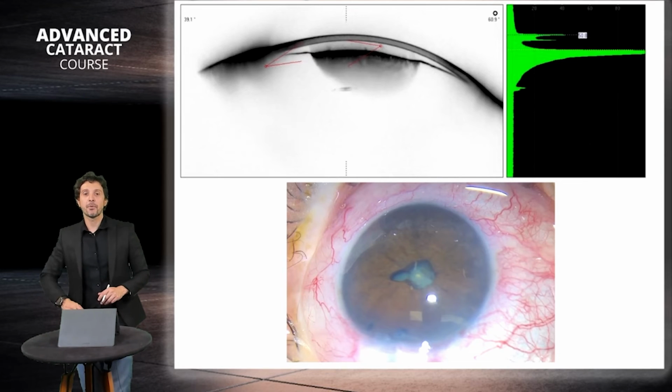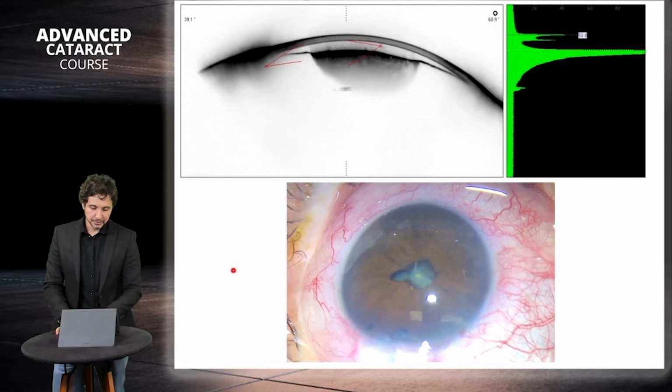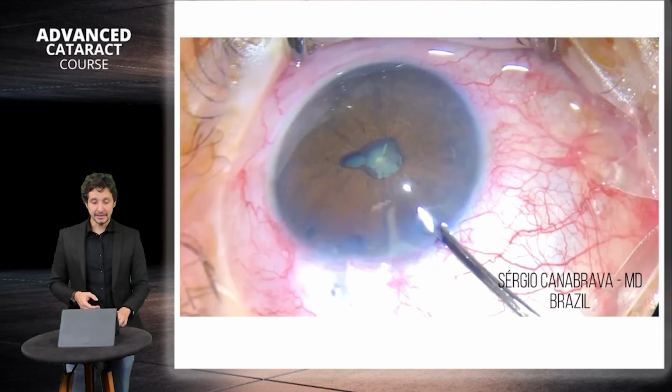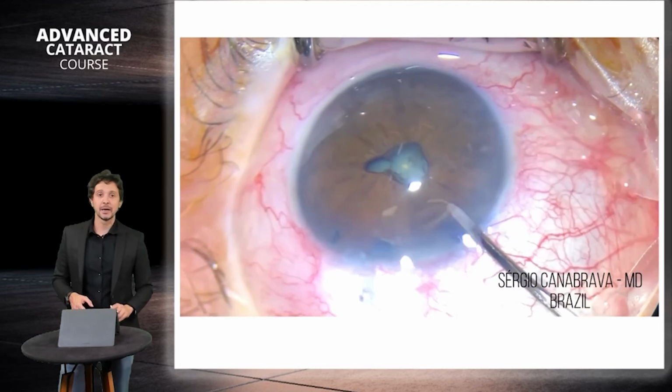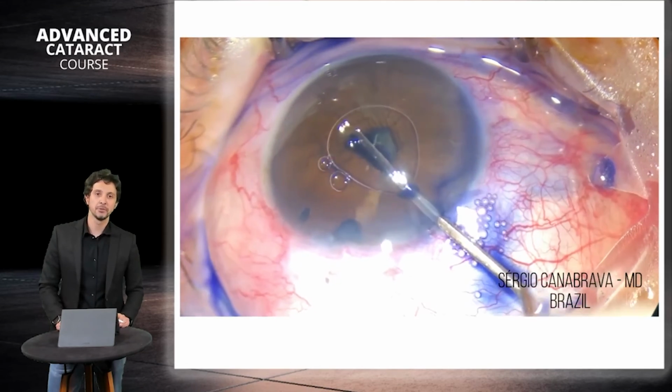Another important point for the anterior chamber. Sometimes you observe this eye in the slit lamp, but you can't imagine that it stays like this. Observe this large, shallow anterior chamber. So in a case like this one, observe, I try to insert the trypan blue.